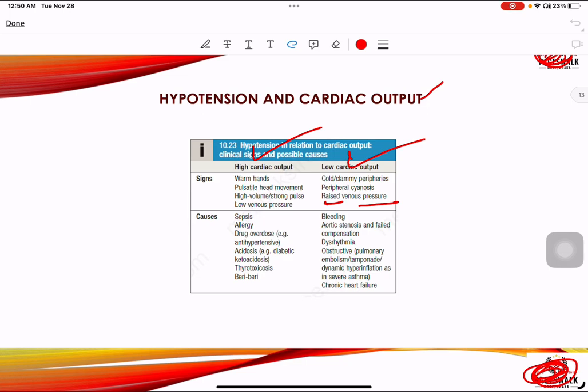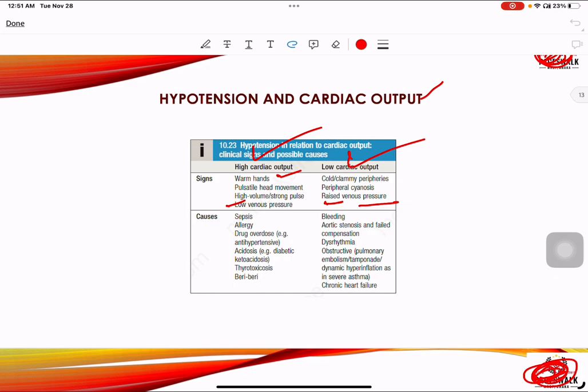On the other hand, high output cardiac failure means the patient has warm periphery, a high volume or strong pulse, hyperdynamic circulation, low pulse pressure, and pulsatile head movement. In low cardiac output failure, there will be low blood pressure.